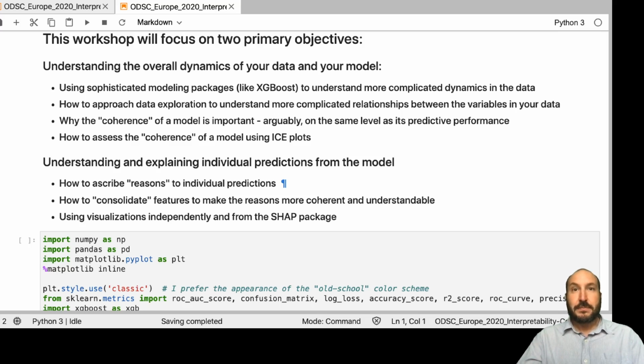And we're going to use the SHAP package to get some of these reasons and to be able to do some manipulations and really explain what's going on behind the scenes, so that when we have a prediction, we could attach some reasons to it that would make sense to another person.